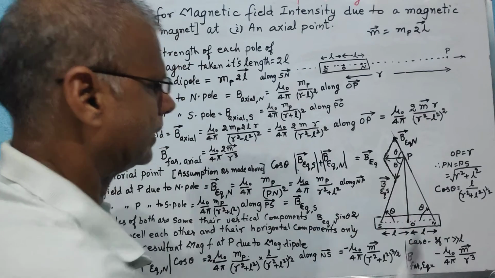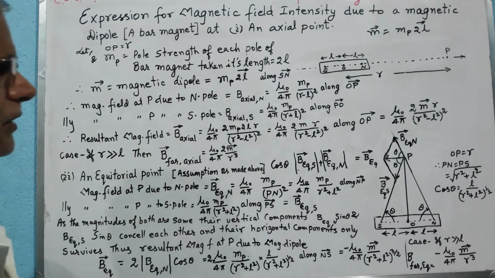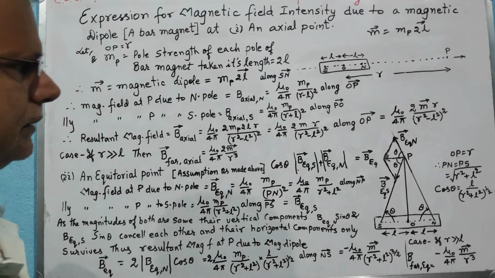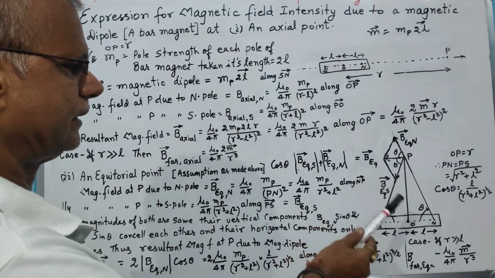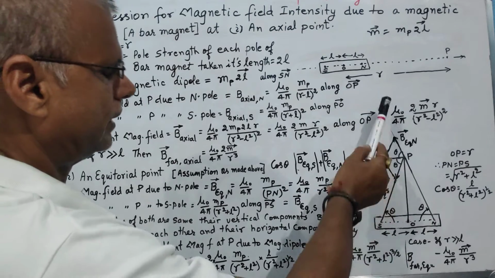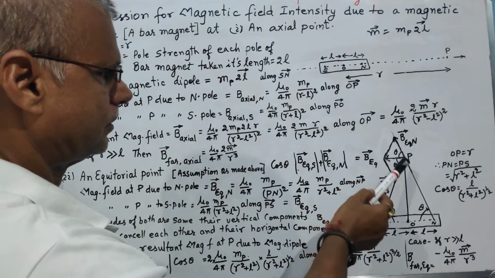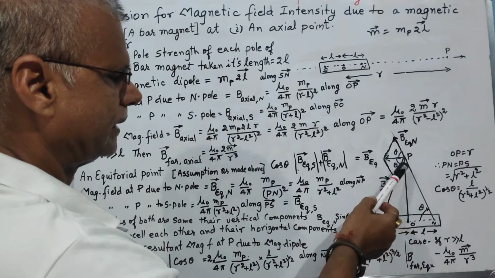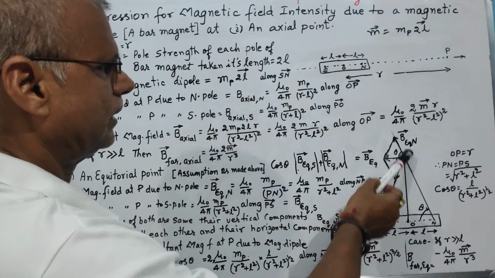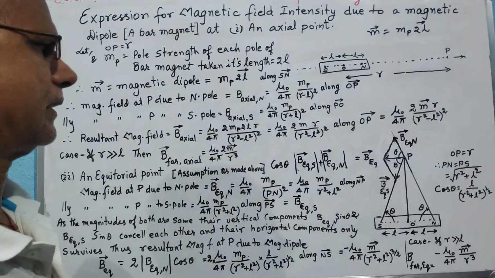So these two angles are also theta, and once we have ascertained that, we can find the components of the magnetic field due to the south pole along the vertical and horizontal directions, and in the same fashion the components of the magnetic field due to the north pole along the vertical and horizontal directions.